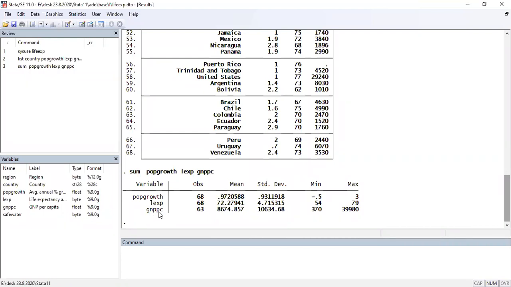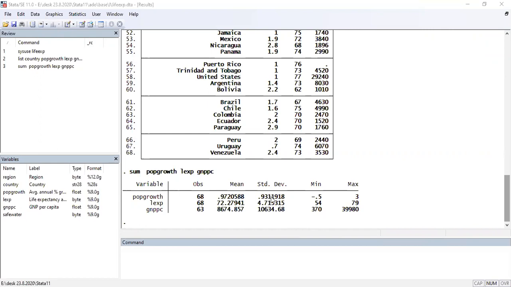GNP per capita for 63 countries, mean is average, obviously, X bar kind of, $88,674. Okay, so here are the mean values.